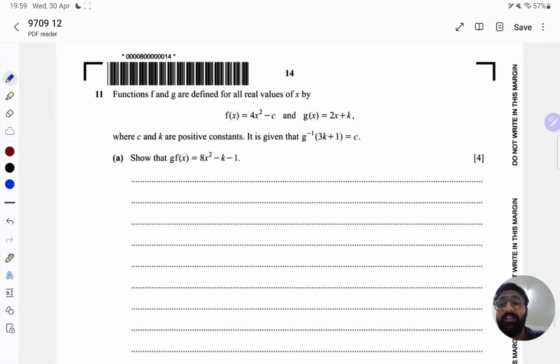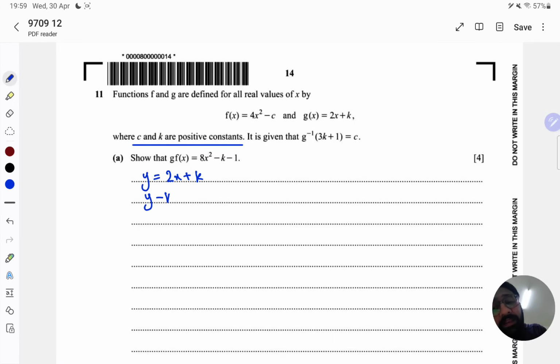Okay, question number 11 says that functions f and g are defined such that for all real values of x, by f function and g function where c and k are positive constants, so they are both positive constants, it is given that g inverse with some input value is c. So let's first find g inverse. So y is equal to 2x plus k.